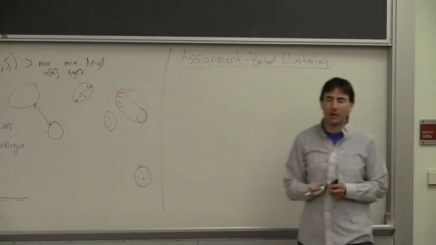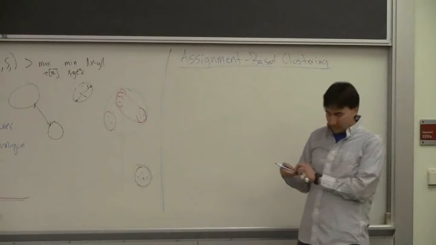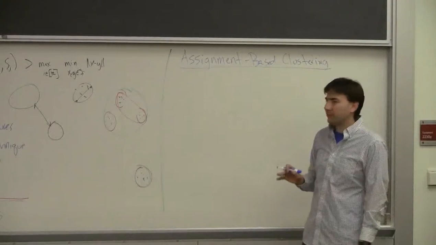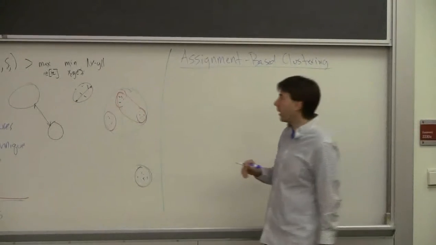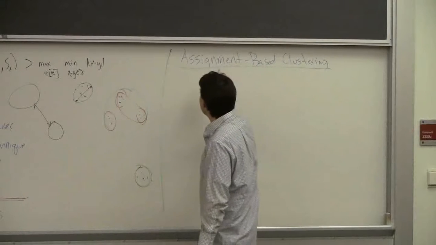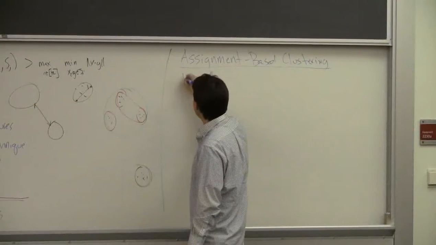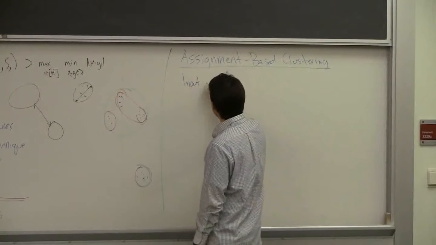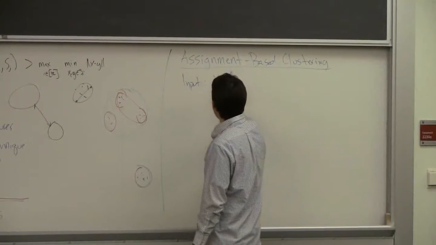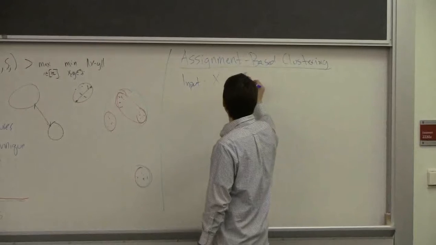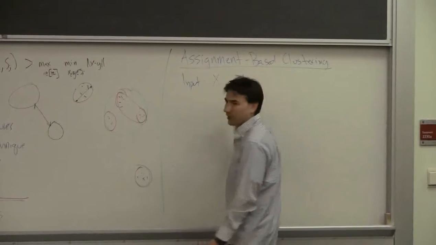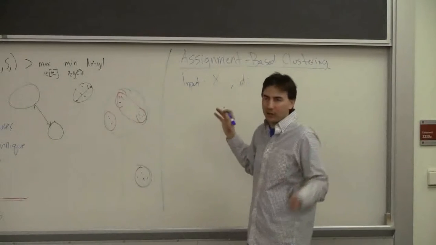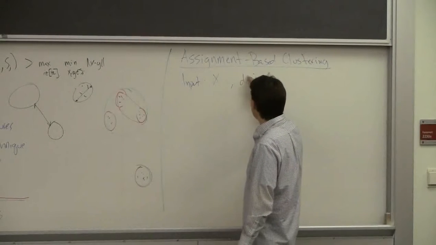So I want to talk about one algorithm in here. It's a very simple but actually very powerful algorithm. And if I run out of time, I'll start with it on Wednesday. The idea is you have your input, which is going to be a set X, and you're also going to have some sort of distance defined. And if this is a metric, any metric, then it's going to have nice properties.